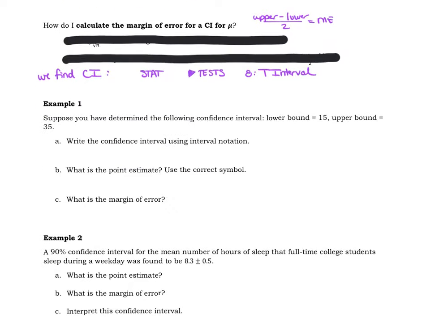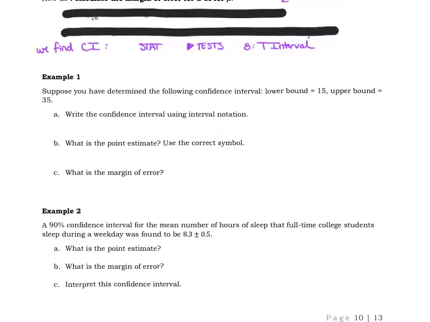Okay, so let's say we have a confidence interval where we have a lower bound of 15 and an upper bound of 35. So first thing, write the confidence interval using interval notation. So that just means with the parentheses. So (15, 35). Done. What is the point estimate?